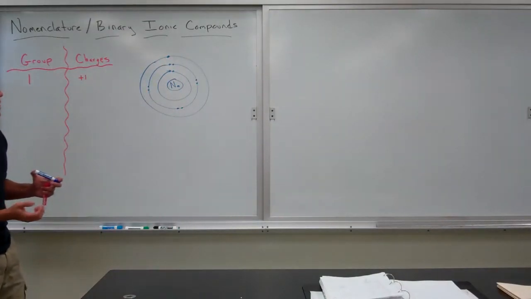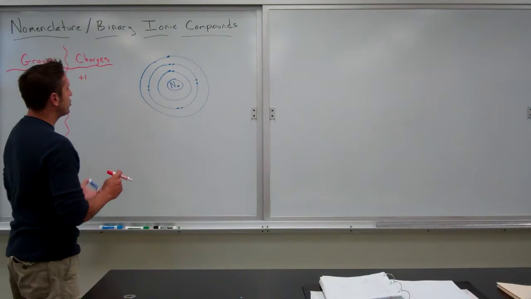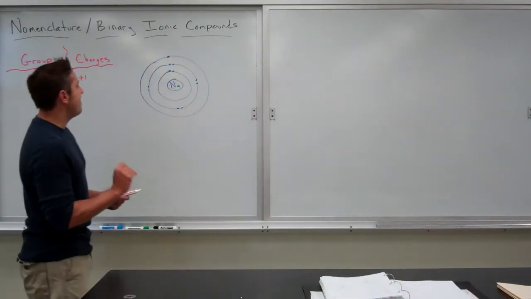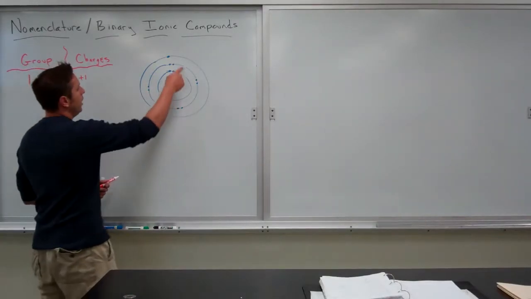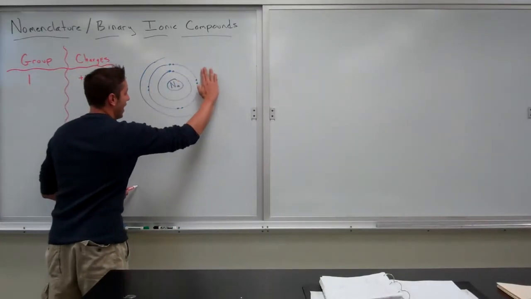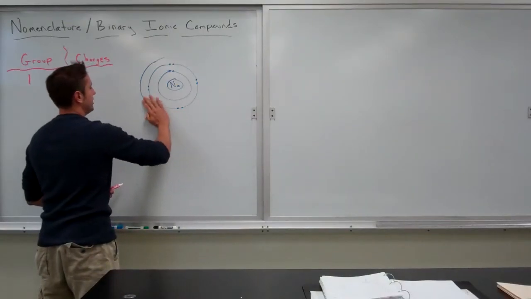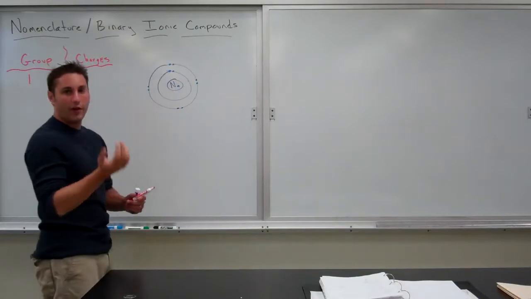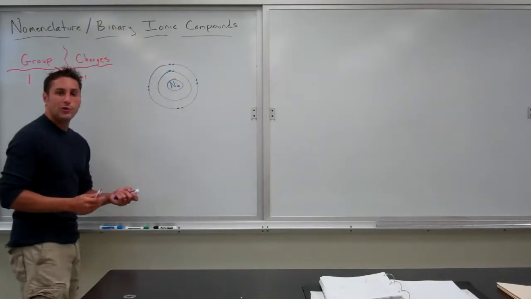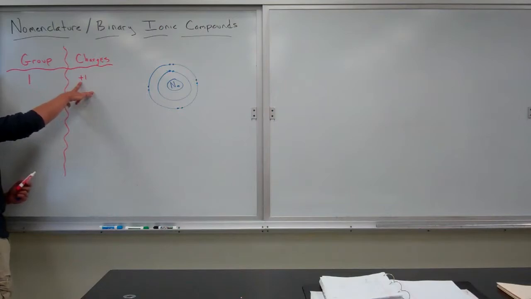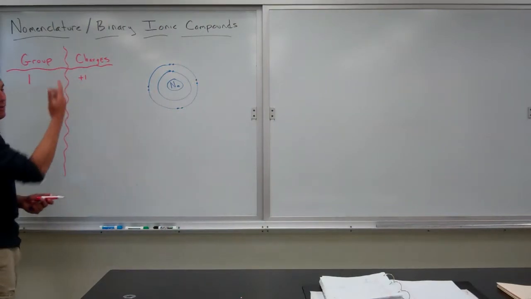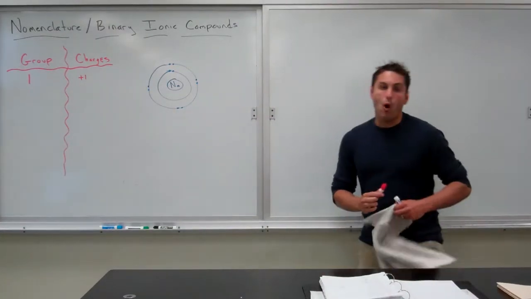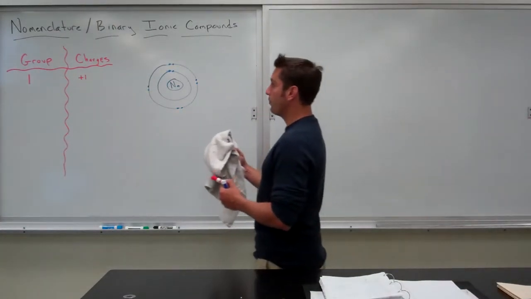If you remember from the chapter where we were looking at the structure of atoms, when something has 1 valence electron, it is very close to filling the octet rule by losing that electron. And when it loses that electron, it has 8 in its outermost shell now. The octet rule is complete. But when we lose electrons, we get charges. We lose them, and it's positively charged. And because we lost 1 electron, it's a +1. So that's why group 1 carries a +1 charge.